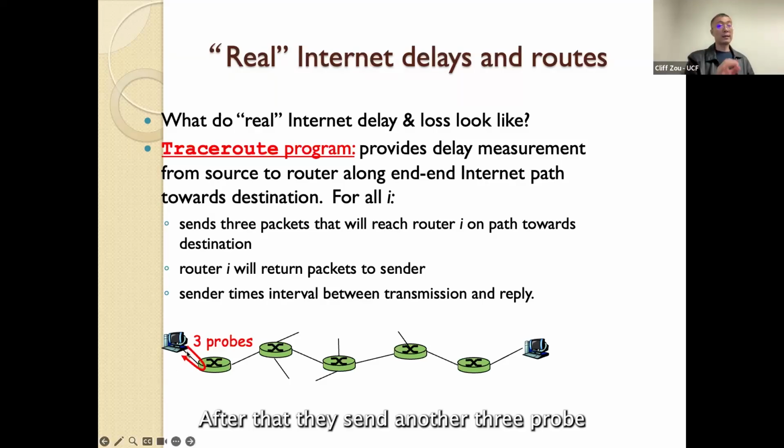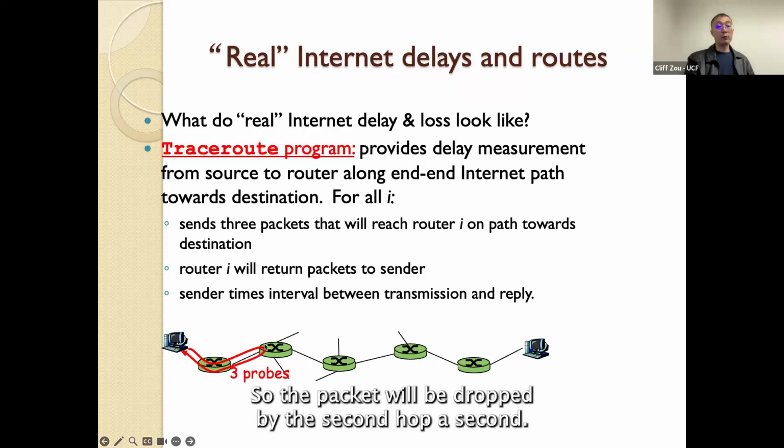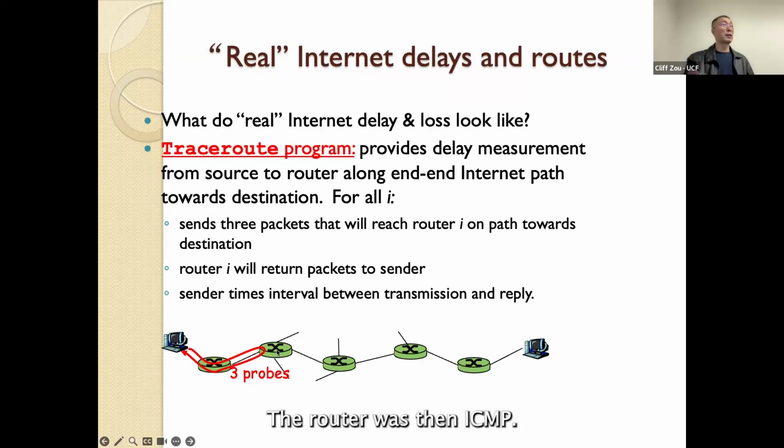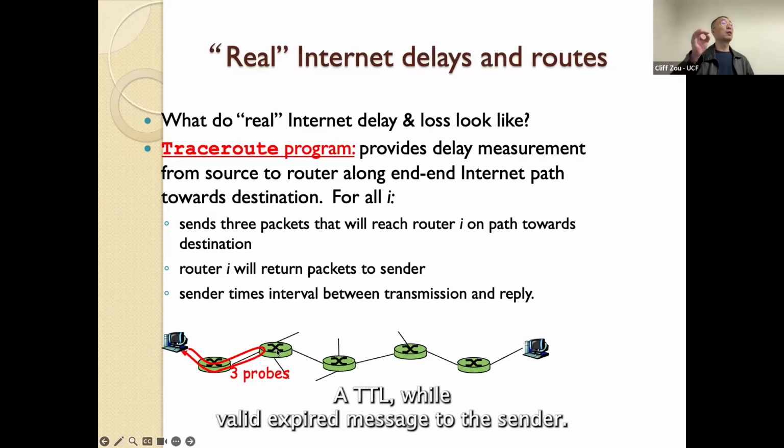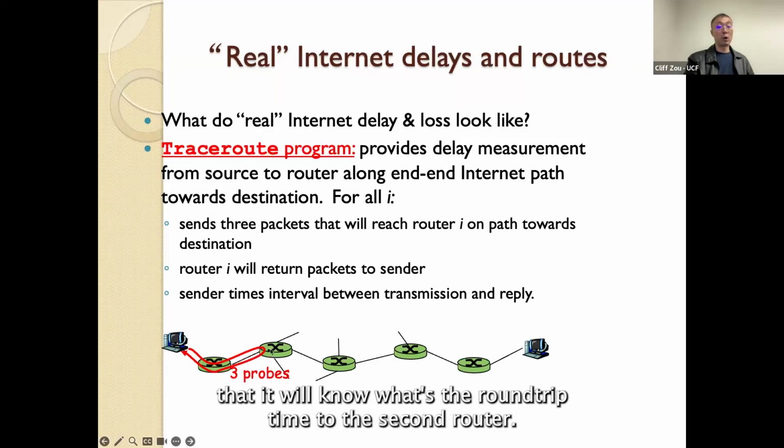After that, it sends another 3 probes, this time with a TTL value equal to 2. So the packet will be dropped by the second hop. The second router will send an ICMP TTL expired message to the sender, so it will receive the response and know the round trip time to the second router.